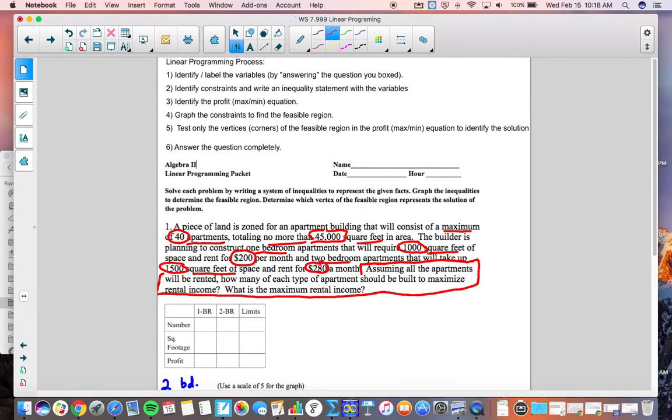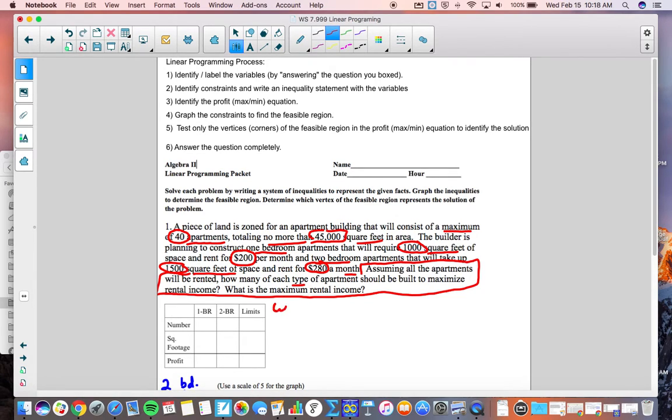So I marked the text pretty well. Now identify and label the variables by answering the question you've boxed. So assuming all the apartments will be rented, how many of each type of apartment should we build? When they say each type, they mean 1-bedroom or 2-bedroom.